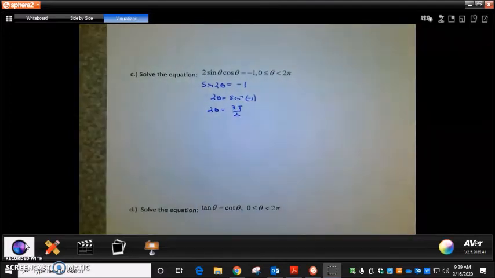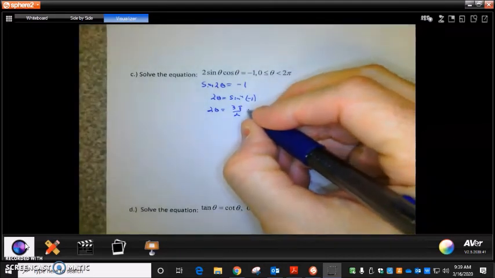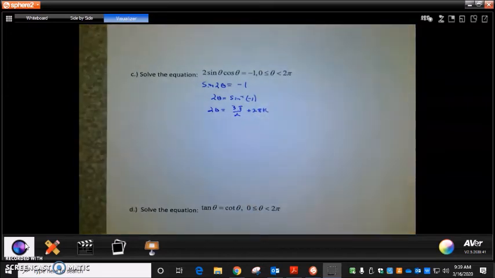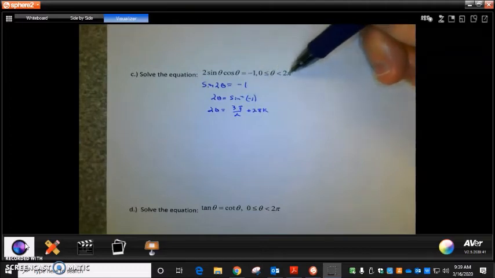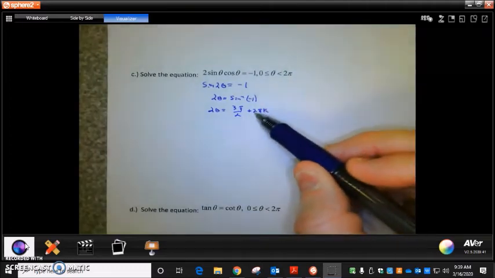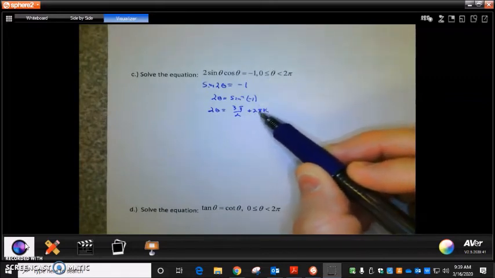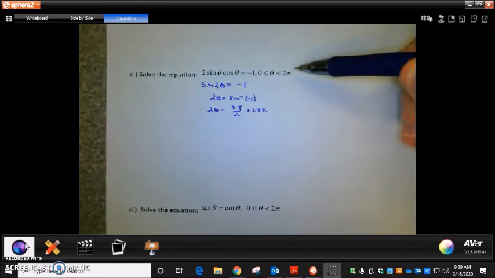And then, for the first time in all of these problems, I am going to write that plus 2 pi k. Now, why haven't I written it for the other ones? Because if I only want answers between 0 and 2 pi, and there's nothing that's affecting this 2 pi and changing it, adding 2 pi to any angle is always going to give us an answer that's too big, and we don't need it.